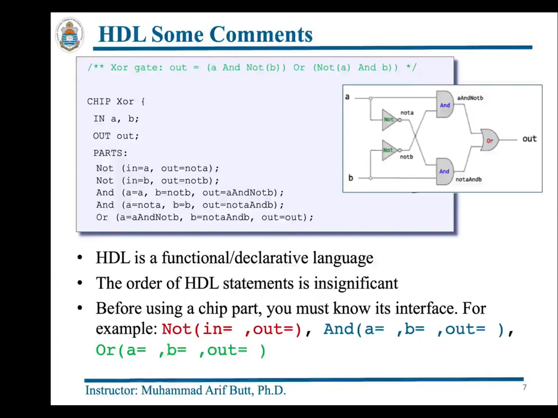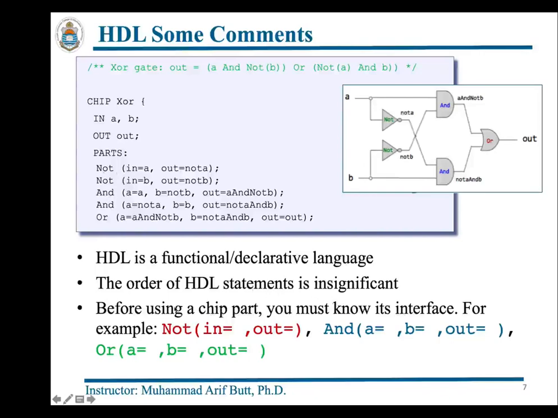Okay. So there are a few comments as far as the HDL is concerned. Remember, dear students, HDL is a functional or a declarative language. The order of HDL statements is insignificant. That is, you can write these instructions in any sequence. Before using a chip part, that is, these are the chip parts, NOT and the OR gates, you must know its interface.